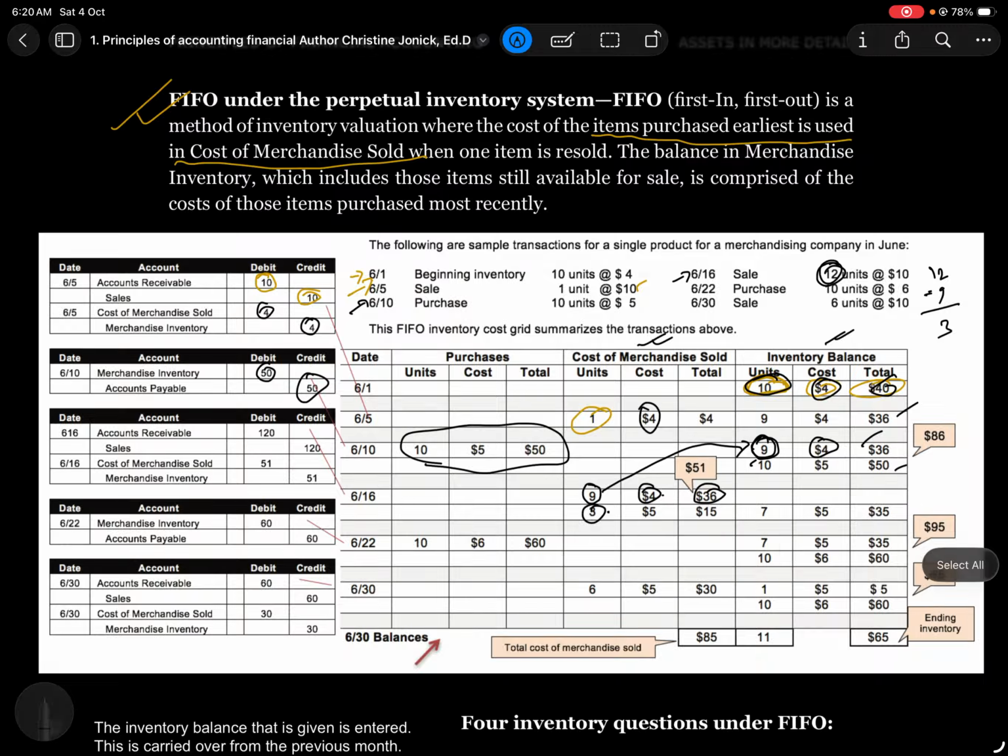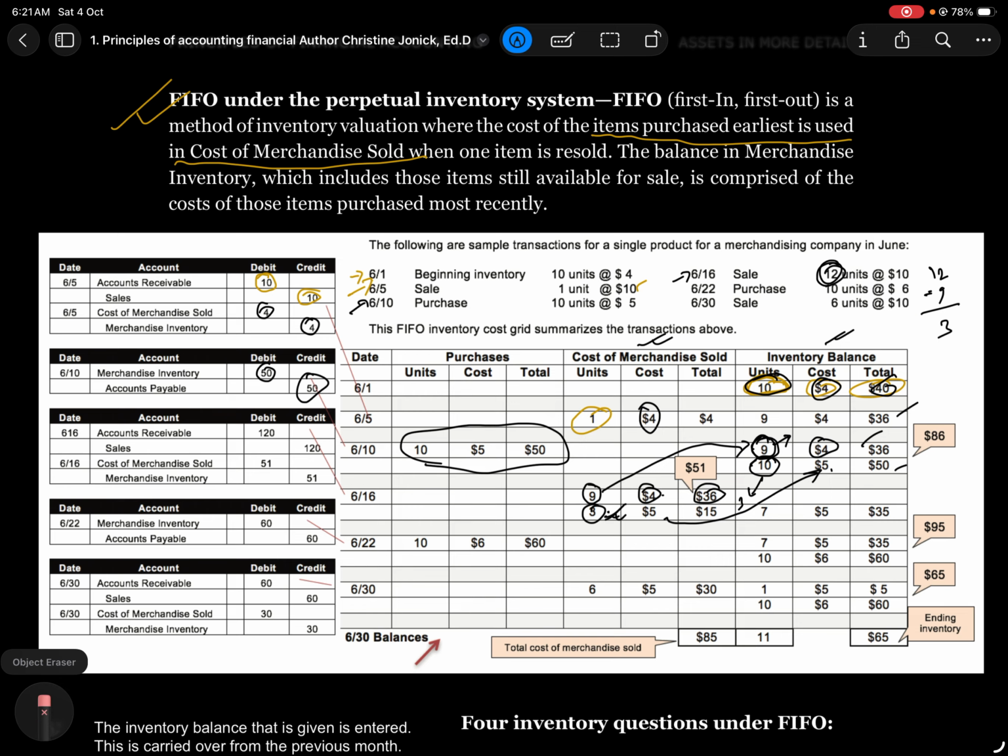The remaining is 3, and 3 would be sold at a cost of $5. Since 9 was not enough to satisfy the sale demand, we had to borrow 3 units from here, which had this cost. So we have to keep it on a separate line to get the cost.